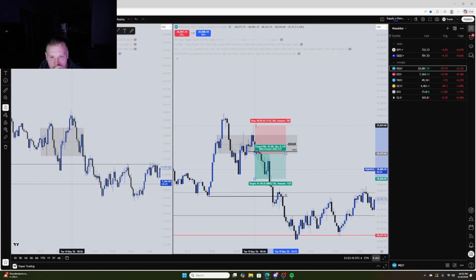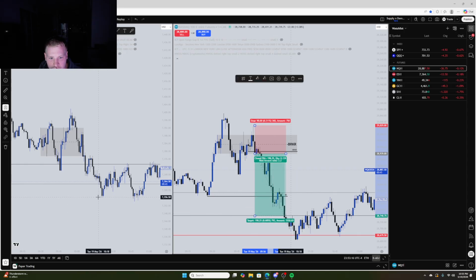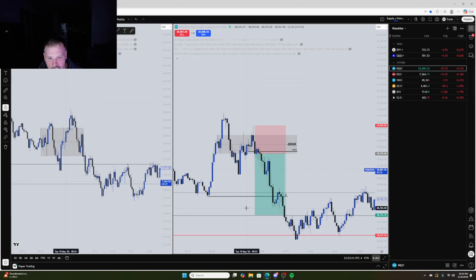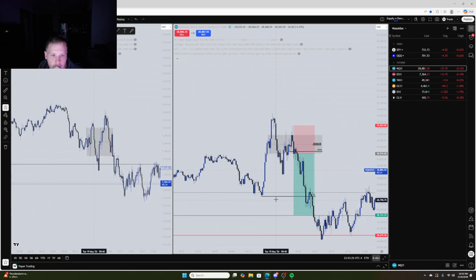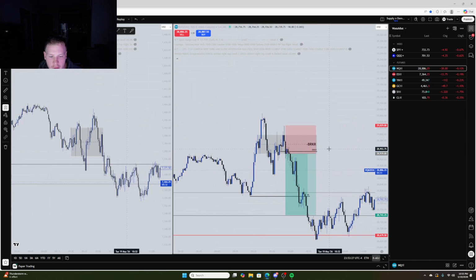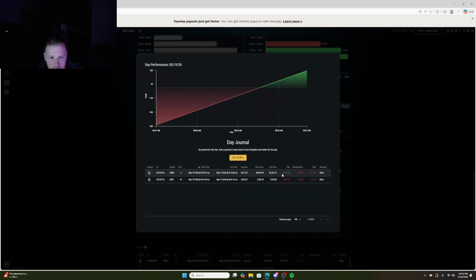Stop loss above the high, and then pretty much break even here and targeted this low, or I guess it's the weekly fair value gap. That was a banger trade, 2 RR, and that ended up netting me 773.